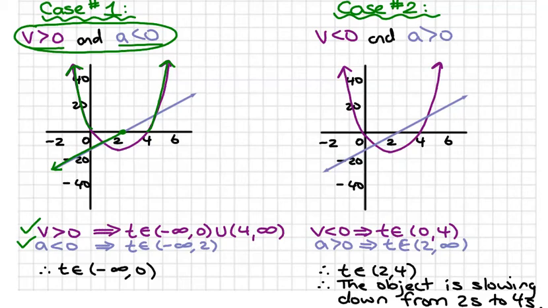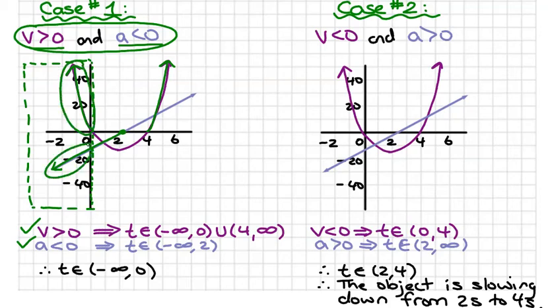In which region? Let me use some red. So in this region, that's not red. Smartboard is not liking me today. In this general region right here, notice that both the graph is green. Nowhere else in any region are both of the green parts of the graph actually overlapping.